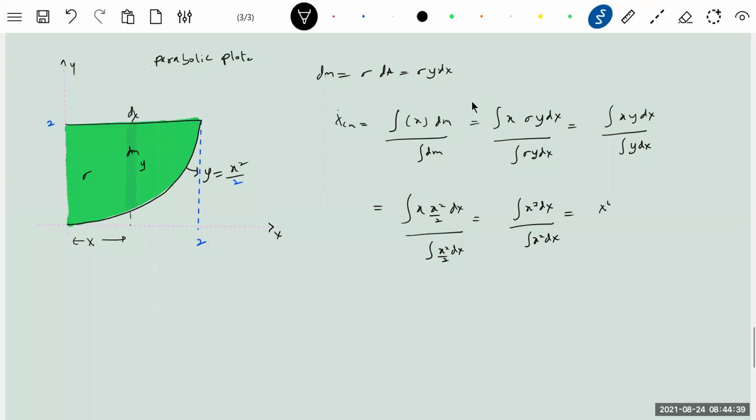What should be the limit? The mass is spread from 0 to 2. So this will be x to the power of 4 by 4.